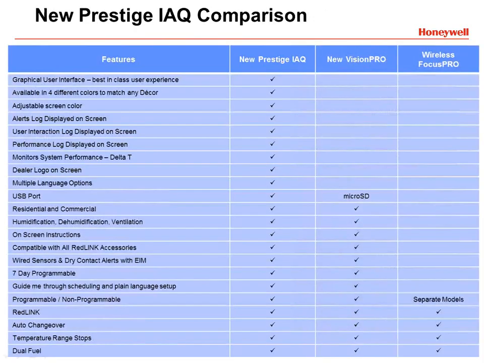And then here is how I'll say the platform of Redlink matches up. So Focus Pro all the way on the right, it's a very basic thermostat. You're 5 and 2. You have to go to the Vision Pro to get 7-day. You're not using any sensors or anything.